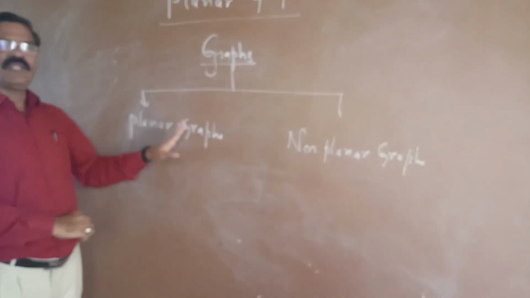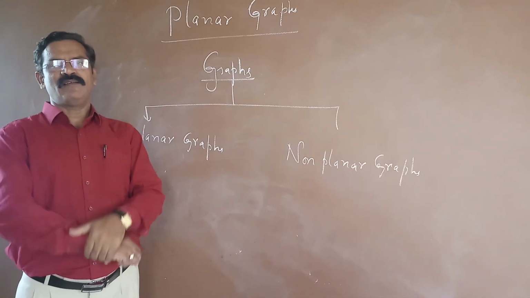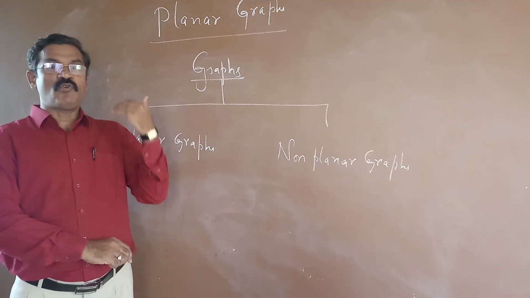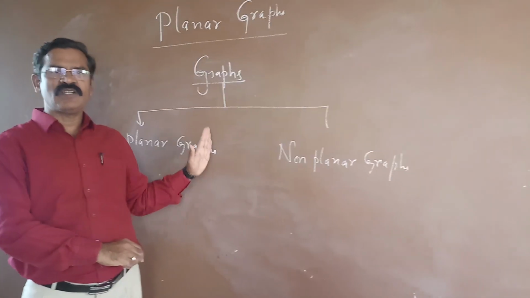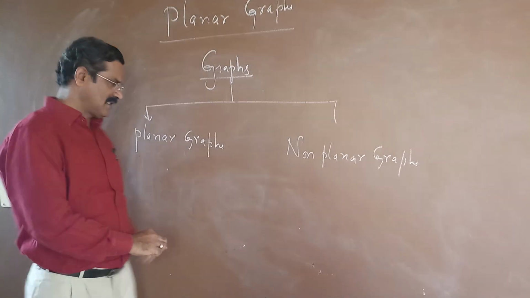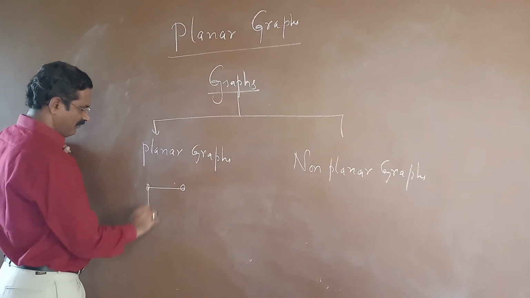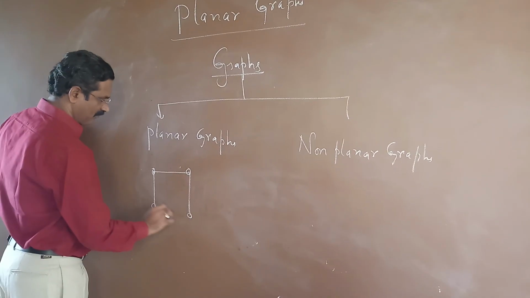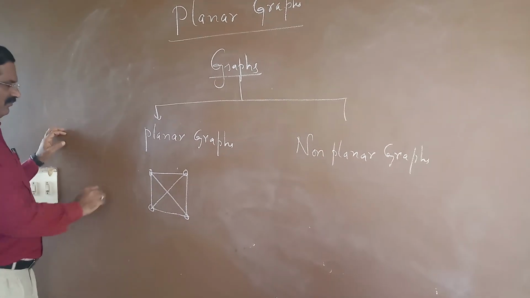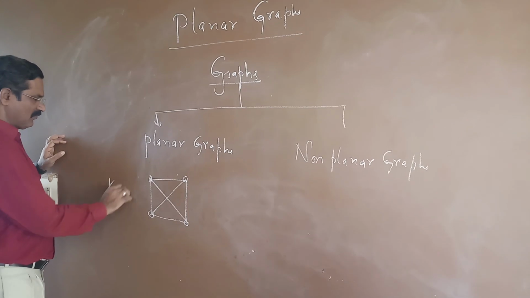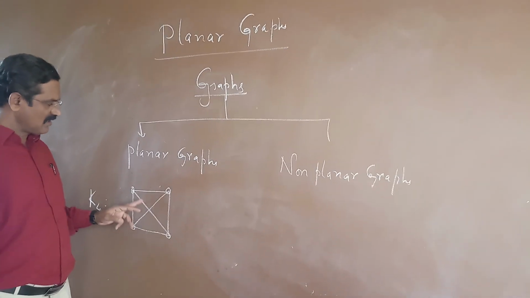What do you mean by a planar graph? A graph G is said to be planar graph if it is possible to draw on the plane without the intersection of edges. For example, this is a graph which is called complete graph with 4 vertices. Now you may say that there is an intersection of edges.